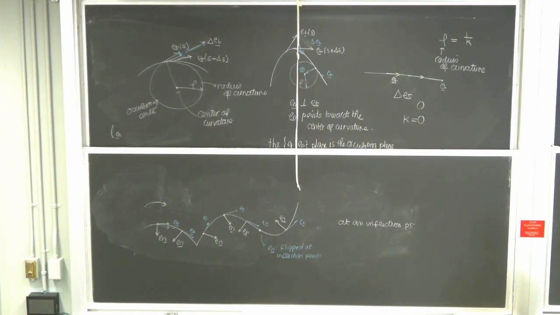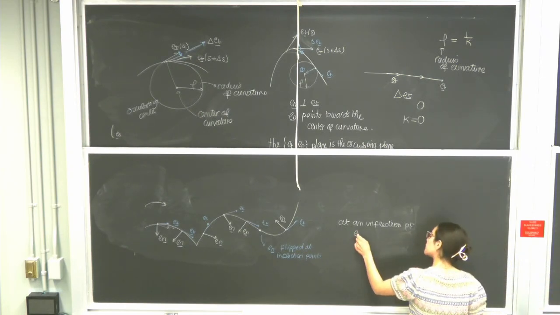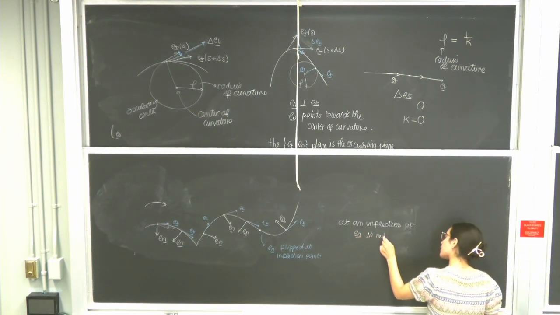The curvature is going to change. It's going to flip suddenly. So at the inflection point, particularly, the EN is not uniquely defined.